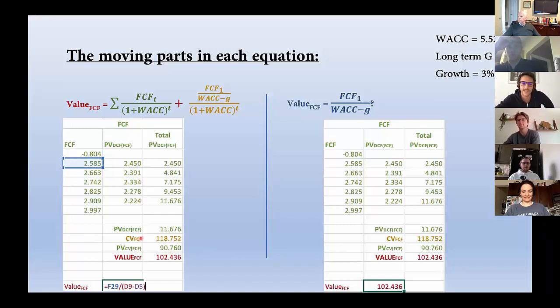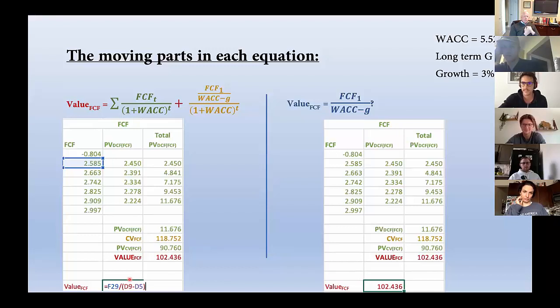Because here the result of 118 is not the whole value. We need to discount this value here, which is 90, and then when we add up 90 and 118, we find the entire value of the free cash flow, which is what we want to do here.